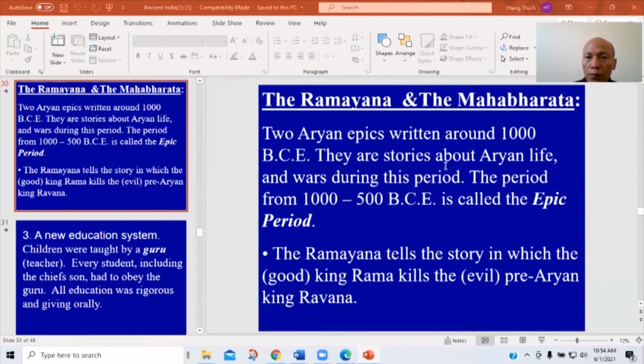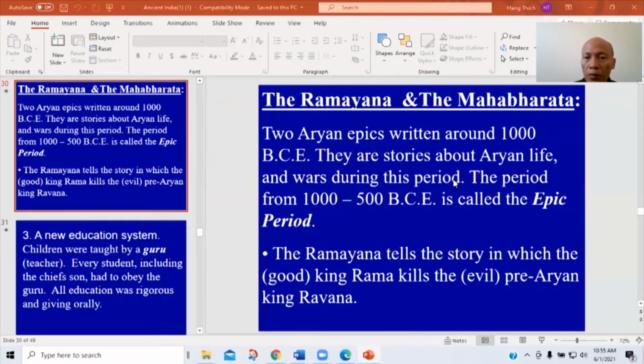And these were two Aryan epics, what we call the Ramayana and the Mahabharata. These two epics were composed around 1000 BC. They are stories about Aryan life and the wars during that period.